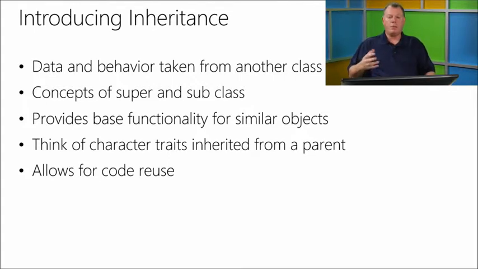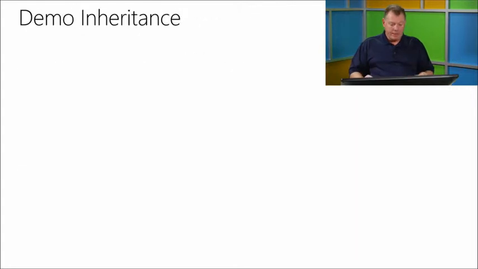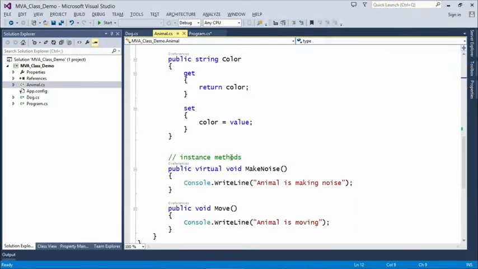So they have common traits, and this is where inheritance comes into play, in that we create that base class or superclass with the common functionality and attributes, and then we can reuse those in our other classes that become subclasses, and we don't have to write that code again. We'll see that in the example in just a minute when we demonstrate how we do inheritance within the code itself. So, having said that, let's look at what inheritance looks like in the code.